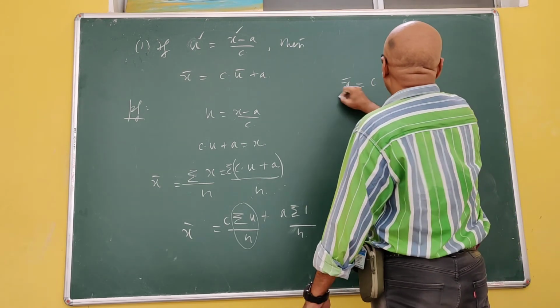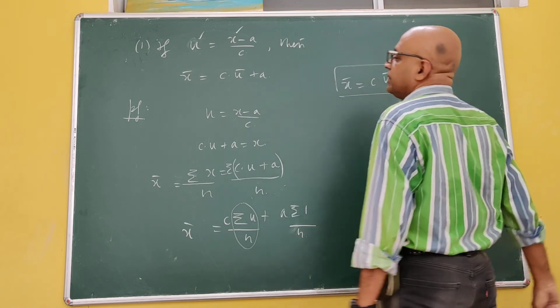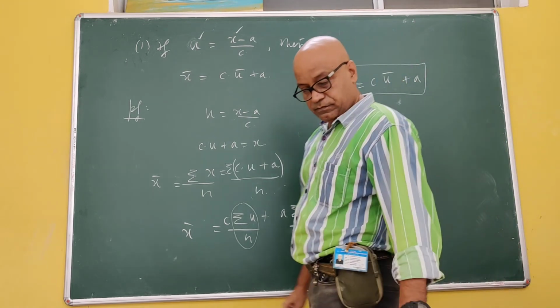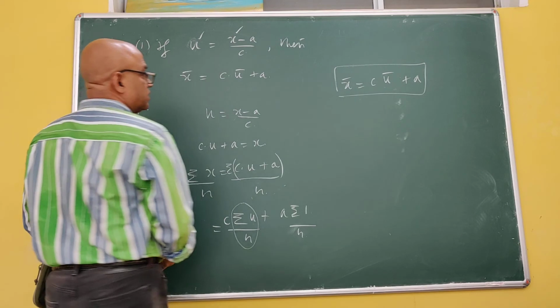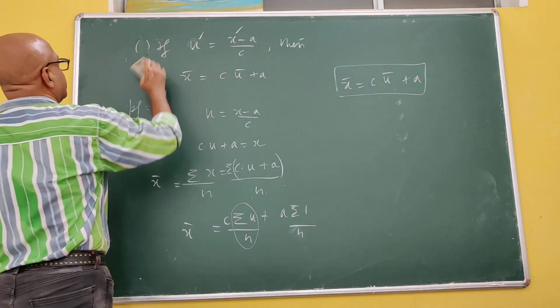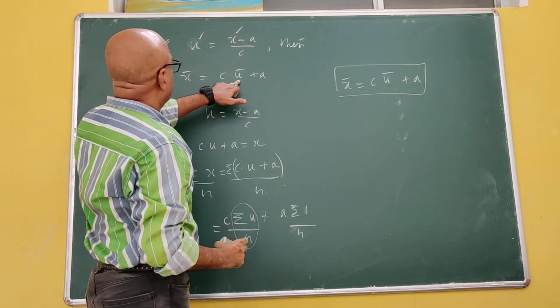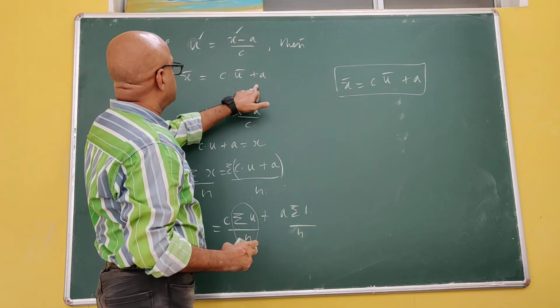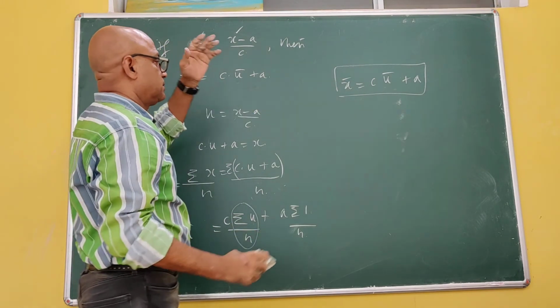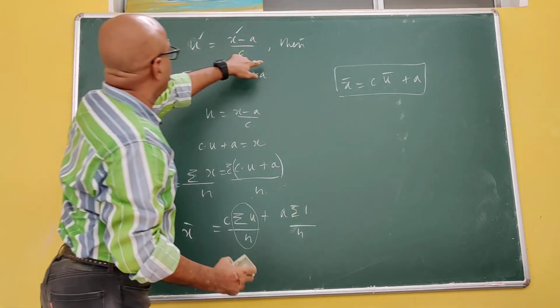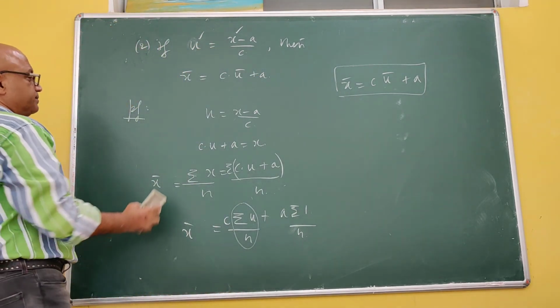So that proves the first one. So if you calculate u bar, immediately from this equation you can calculate x bar. It's as simple as that, because you know how you have changed u and x.